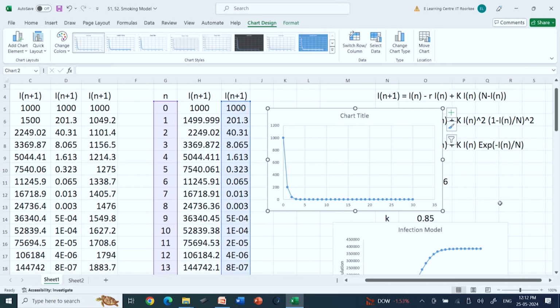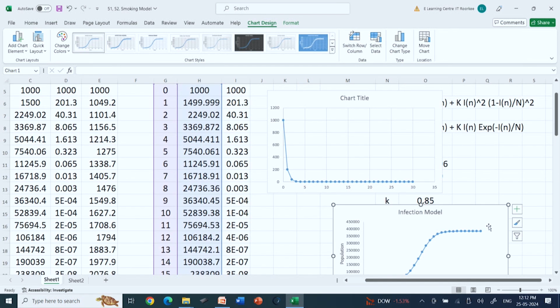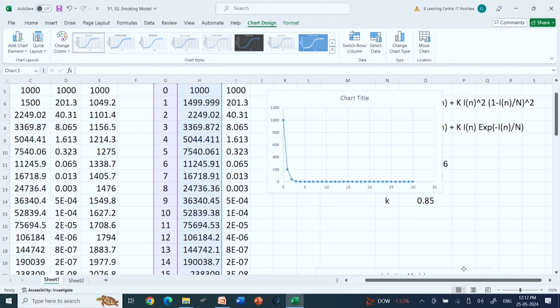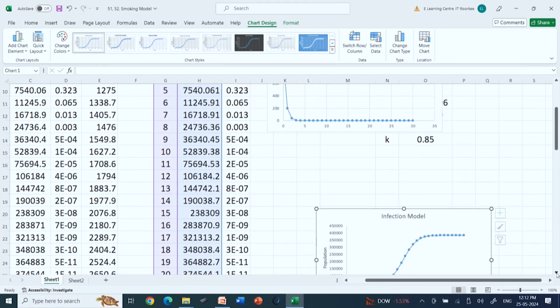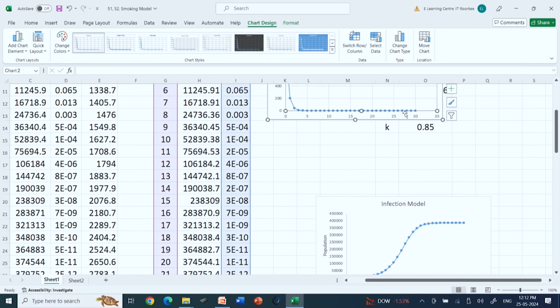Now, if you change anything, this will have an effect on the model. For example, say I want to change the value of k. So, let us see how it affects the model.